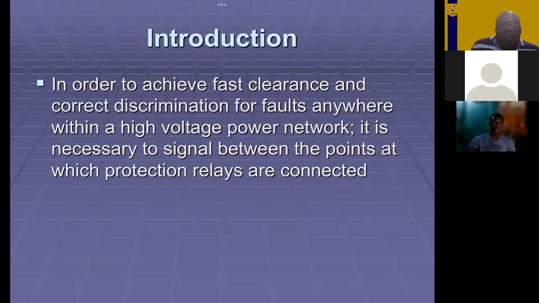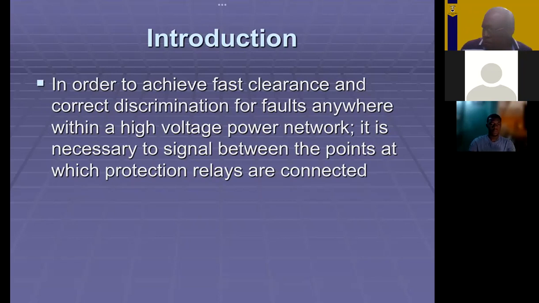In those systems, we are looking at pilot wires, which we'll define in a few minutes. But the point is, and I think we said it last time, that the setup that we presented for those distance schemes is replicated at both substations between which the line is connected. Okay?